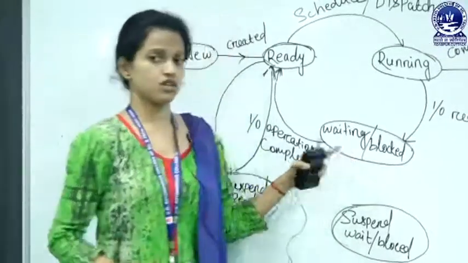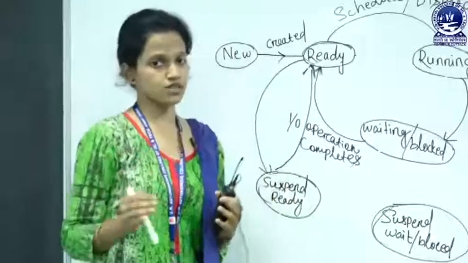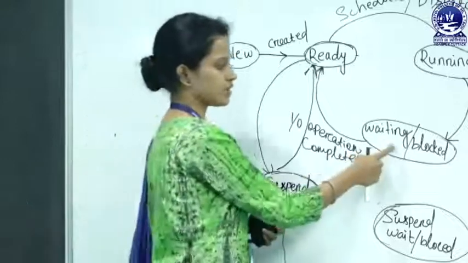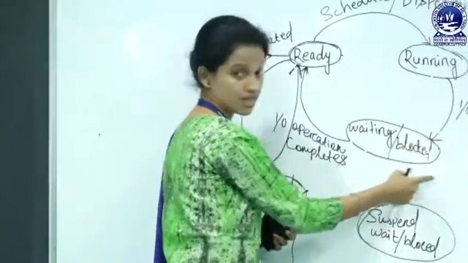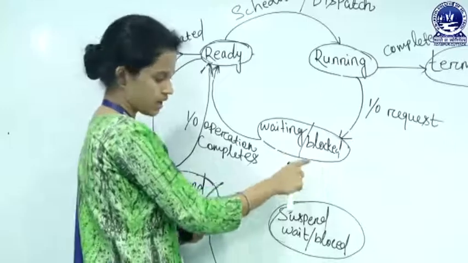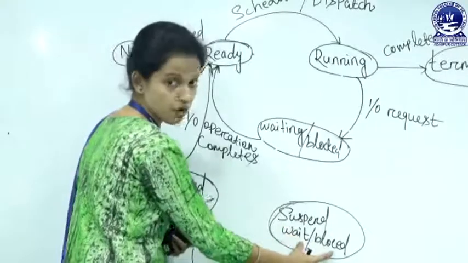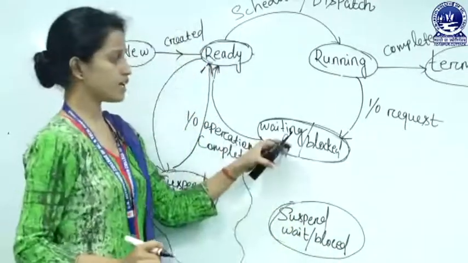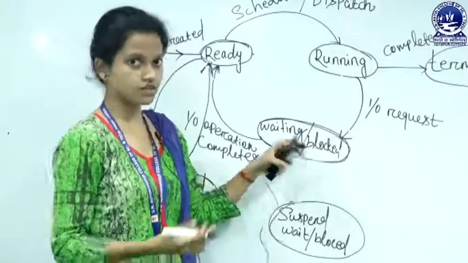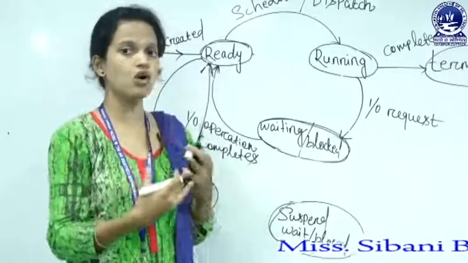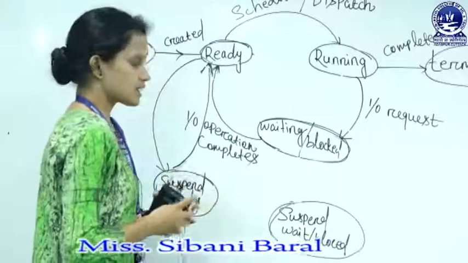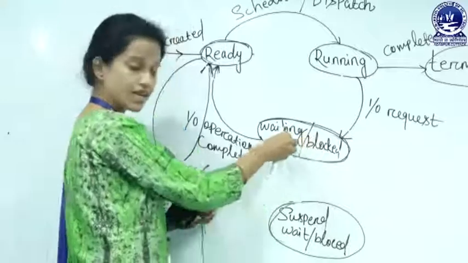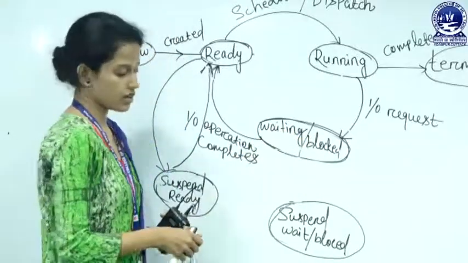So, if a huge number of processes are doing IO operations one by one, then the main memory for this state can be exhausted. At that time we require the suspend wait or blocked state. It is also one type of secondary memory. When the waiting or blocked state is exhausted and all the processes are doing their IO operations, the operating system picks some process from the waiting state to the suspend wait or blocked state.